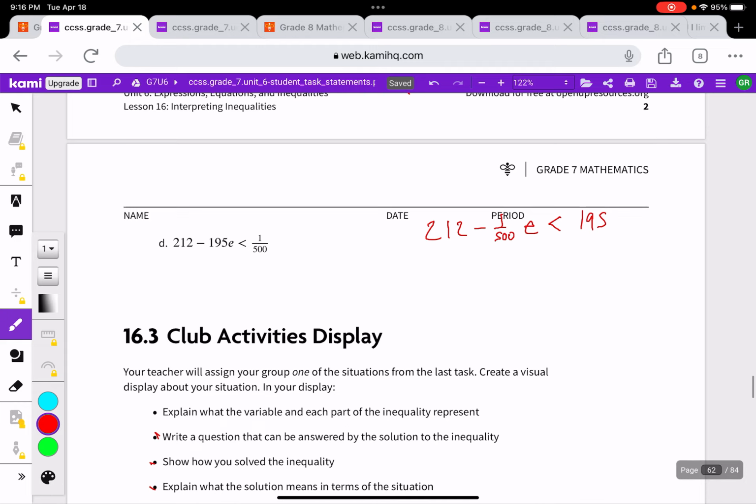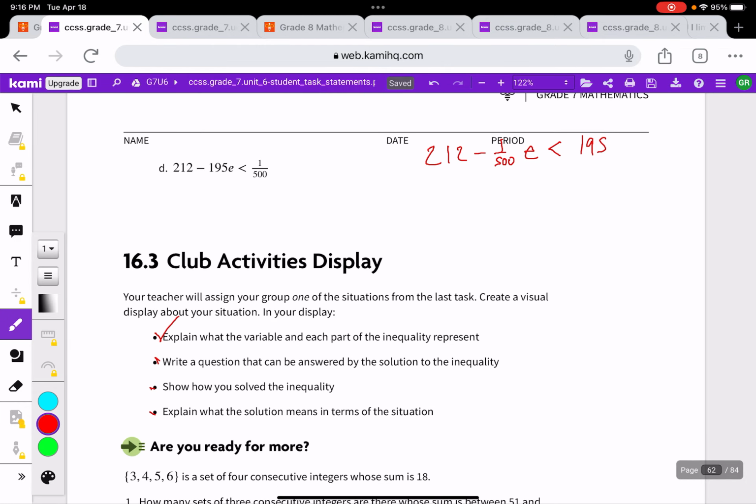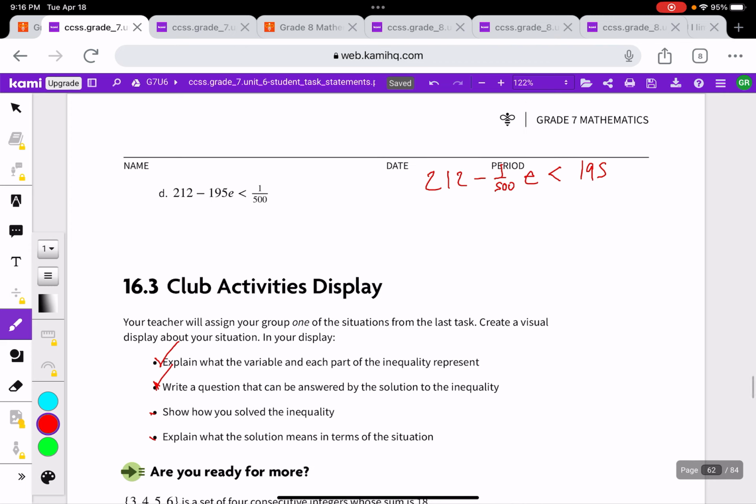So now let's solve this. Check, write a question, check, show how you solve this. So step 1 is, I have this random number out here. I'm going to get rid of 212 from the equal sign. 212 minus 212, done. 195 minus 212 is a negative.